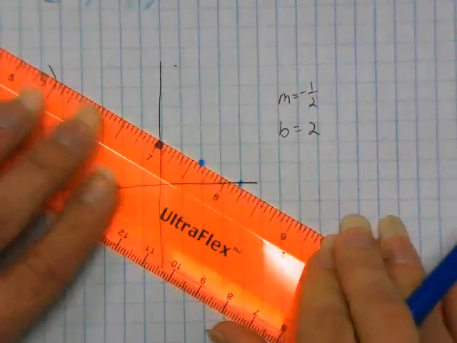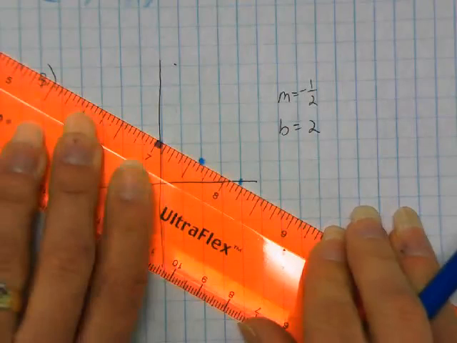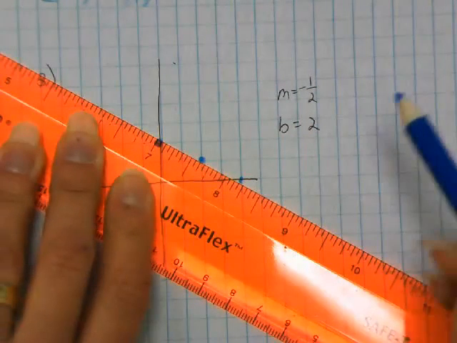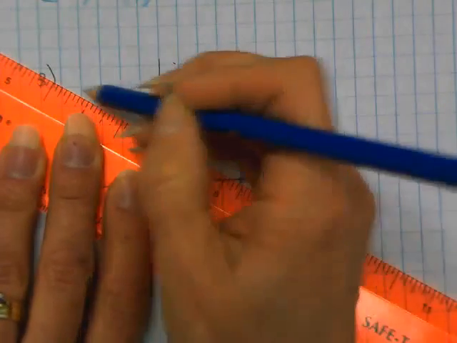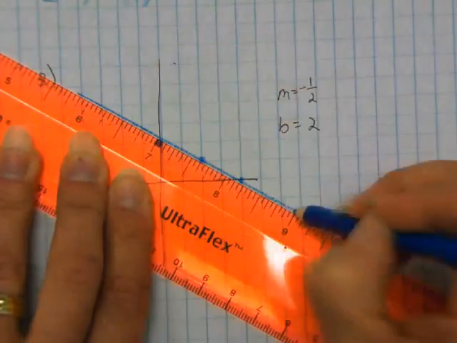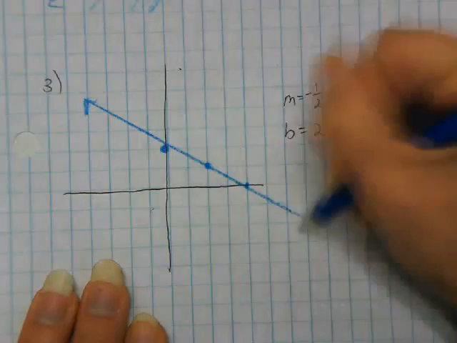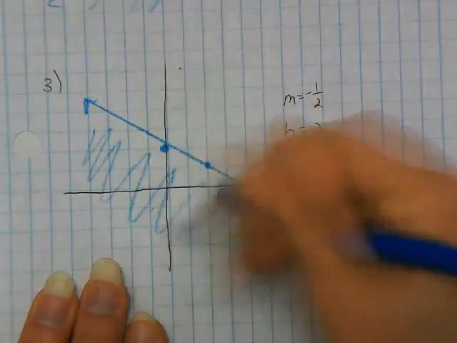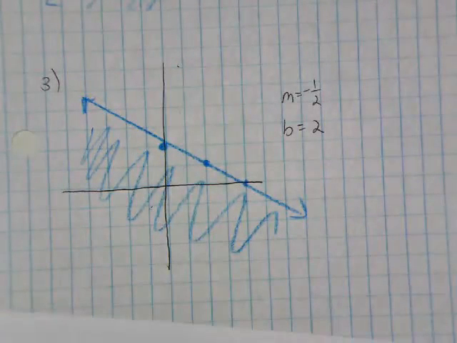Sometimes I put two just to get a more accurate line. This time I'm dealing with a less than or equal to, so I'm going to do a solid line, and I'm going to shade below again. If it were greater than, I would shade above. Alright, so those are linear inequalities. What I'd like to do now is shift to nonlinear equations.